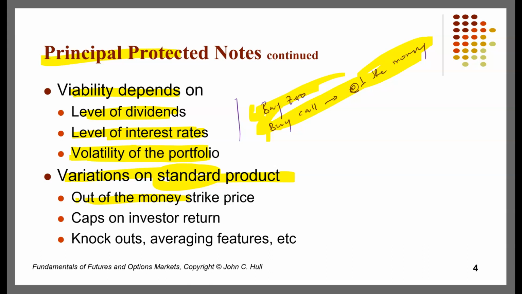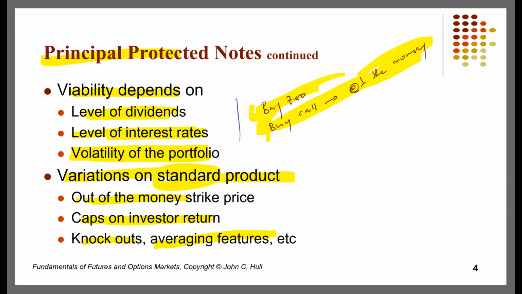There are caps that can be put on the return the investor wants to earn. There are knockouts and other averaging features that we're not going to get into, but the basic strategy can be modified in a variety of ways.